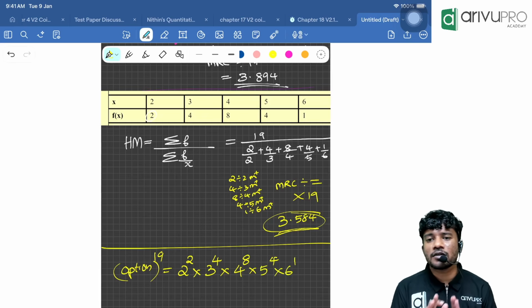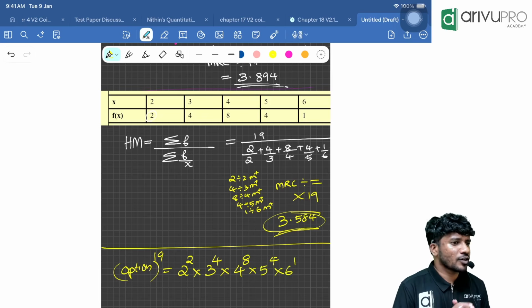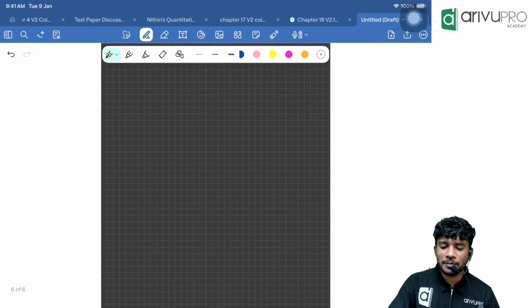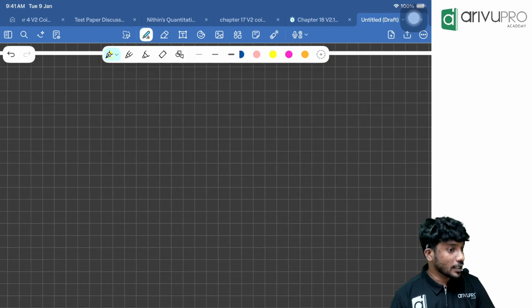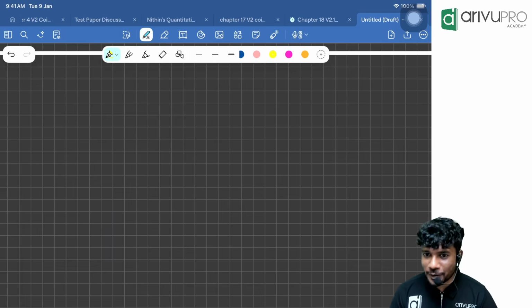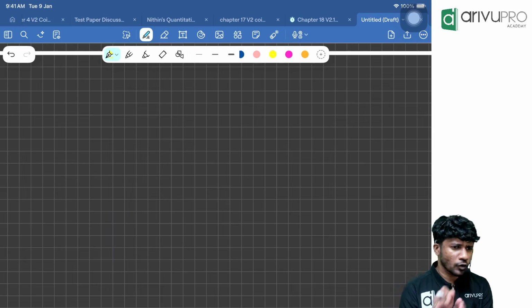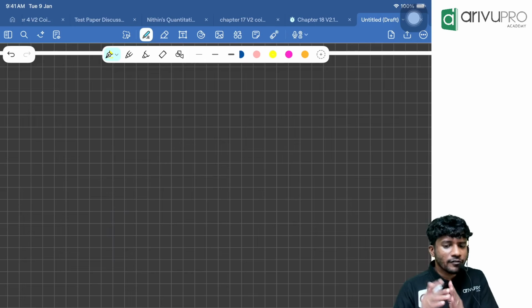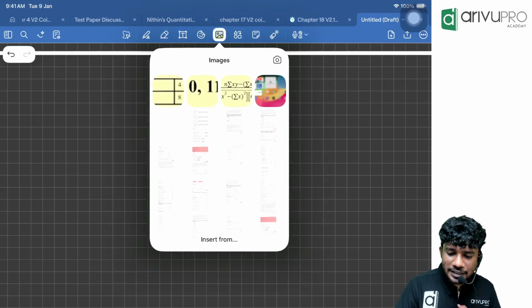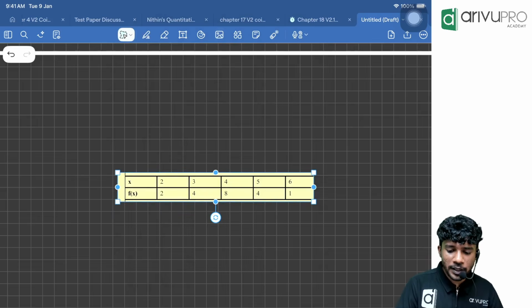Likewise, using options only we will be solving. Other than that, we will not get the answer faster. One method is there, I told you also: by clicking the root 12 times, then minus 1, into power plus 1, into equal to. But I will not recommend that you do that in the exam hall because they will not ask like that. So everything with respect to measures of central tendency is done for grouped data.